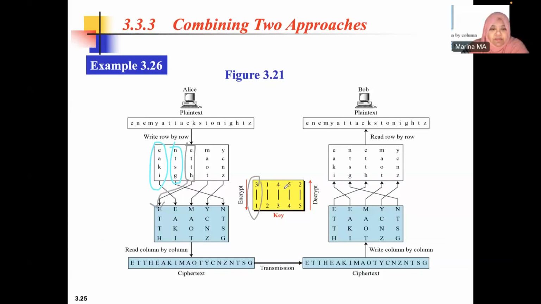The first column in the plain text becomes the second column in the ciphertext. See? And then you read it column by column. All this, write row by row, the key, read column by column, is your negotiation between Alice and Bob. Make sure Bob understands that. If not, Bob cannot decrypt.